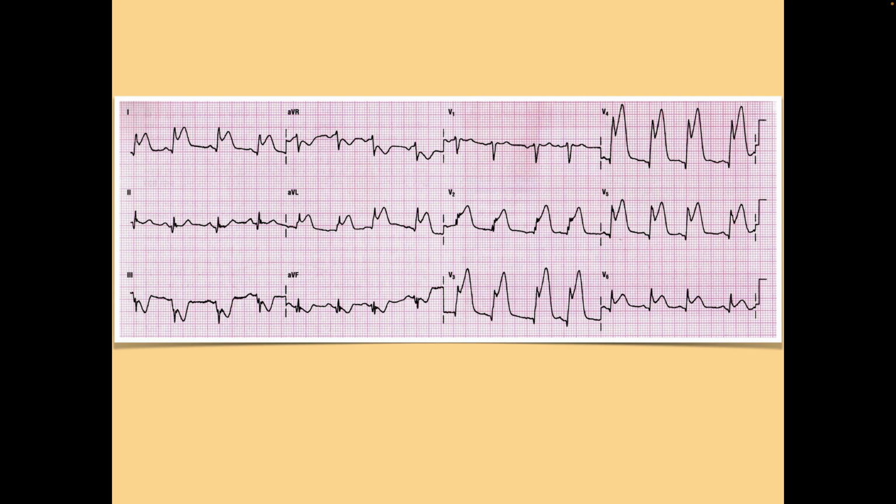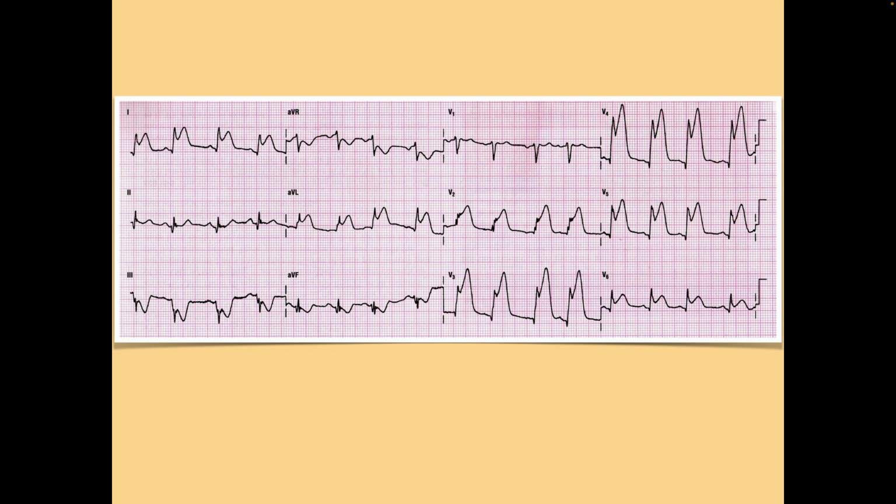And where else do you see it? So like all over. Okay. 2, 3. So I see it in, let's see, that'll be 4. Good. I see it in 2 and 3. AVL, I already said that. V2?